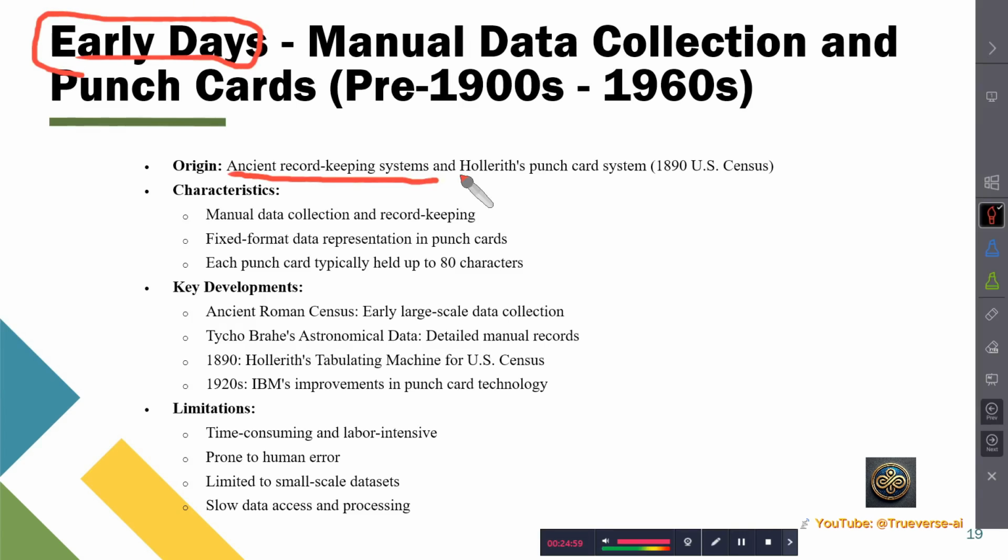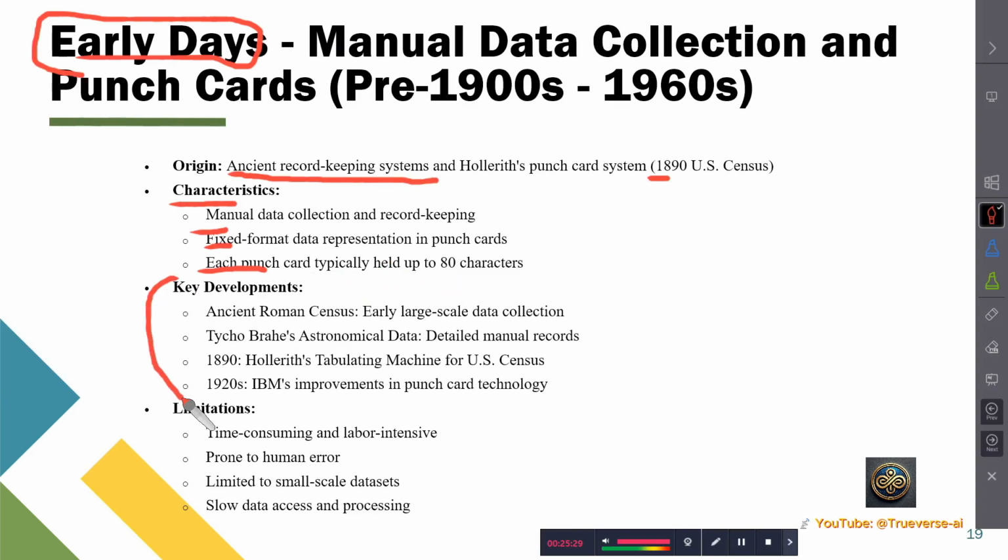In 1890s US census, data was collected and stored in a fixed format. It was manual entry, fixed format, and each punch card typically held up to 80 characters.